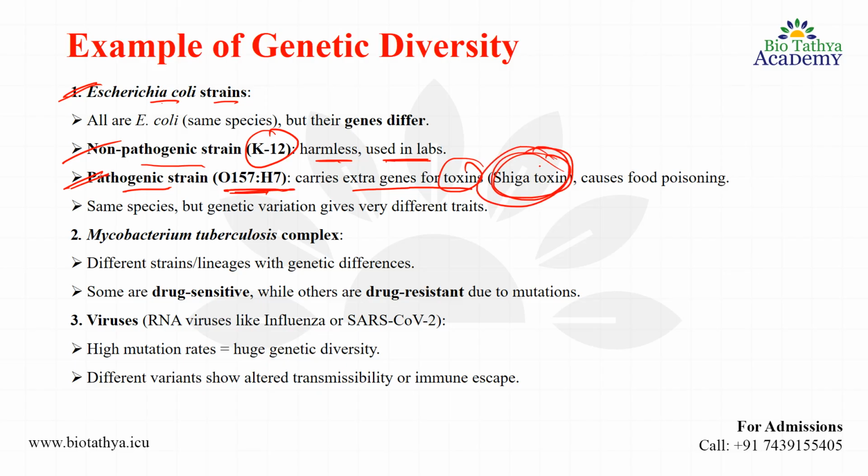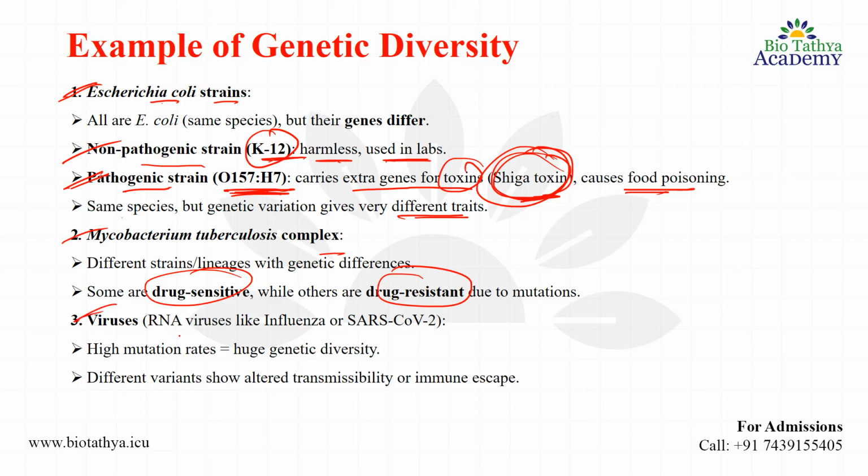This is a highly impactful and high-risk toxin that E. coli produces. Particularly, this strain can produce this toxin. Other strains such as K12 cannot produce it, and this toxin can cause food poisoning. Same species, but genetic variation gives very different strains. Now, Mycobacterium tuberculosis complex can differ in different strains. Some can be drug sensitive, some can be drug resistant.